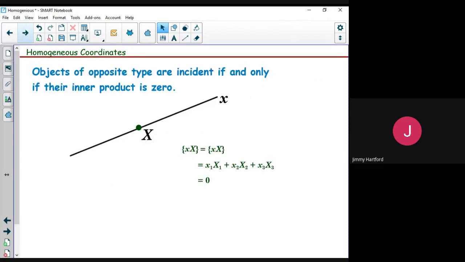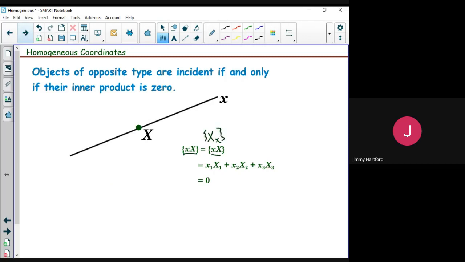Objects of opposite type are going to be said to be incident if and only if their inner product is zero. So here we have line x, point x. We're going to say that they are incident if we can establish that the inner product of little x dot big X is the same as big X dot little x.